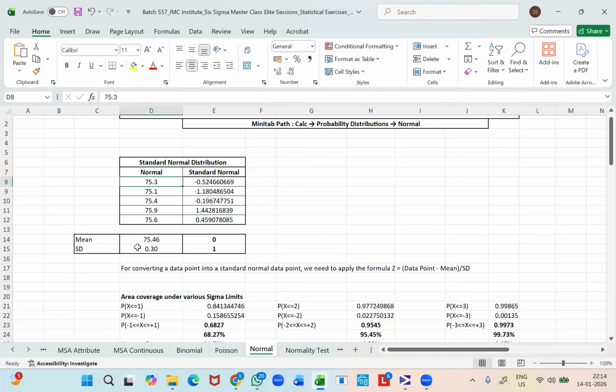Similarly, for the average time, we need to find the standardized value, and for average productivity, the equivalent standardized value. For the entire team, we will have the accuracy percentage, so we calculate the mean and standard deviation, and for each accuracy percentage value we get the standardized value using this formula, data point minus mean divided by standard deviation.